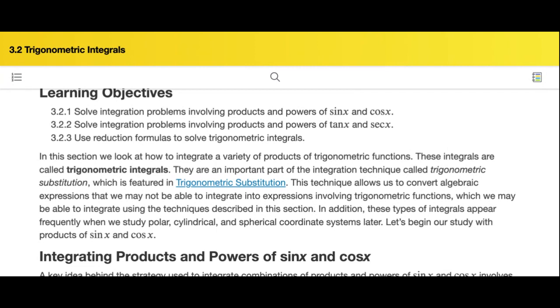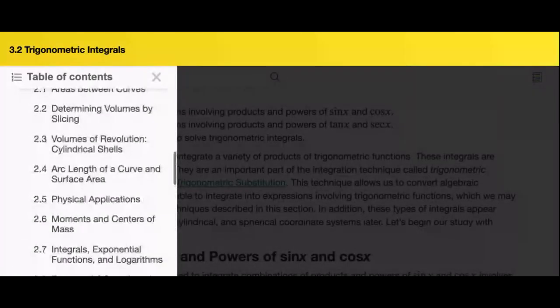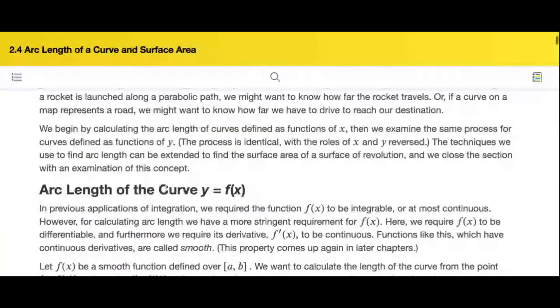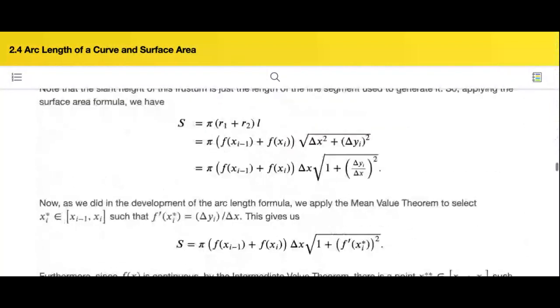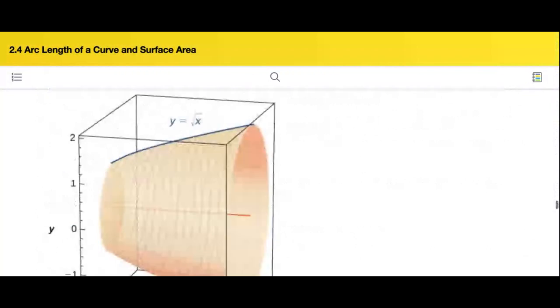Okay, let's go to 2.4171 for now. Maybe you're not able to anti-differentiate, I guess.